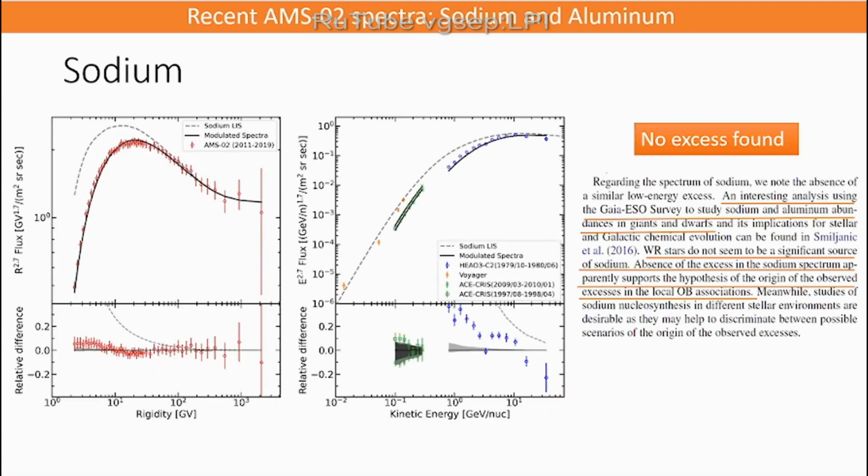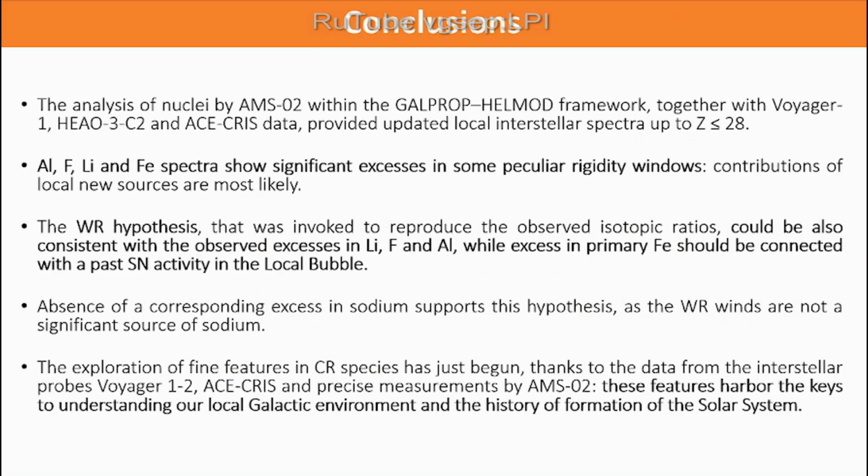And concluding, for what concerns instead sodium, from one of the latest measurements by AMS-02, well, in sodium we found no excess, and this is quite interesting because Wolf-Rayet stars, for example, do not seem to be a significant source of sodium. So this is another proof of this treatment of hints of excesses.